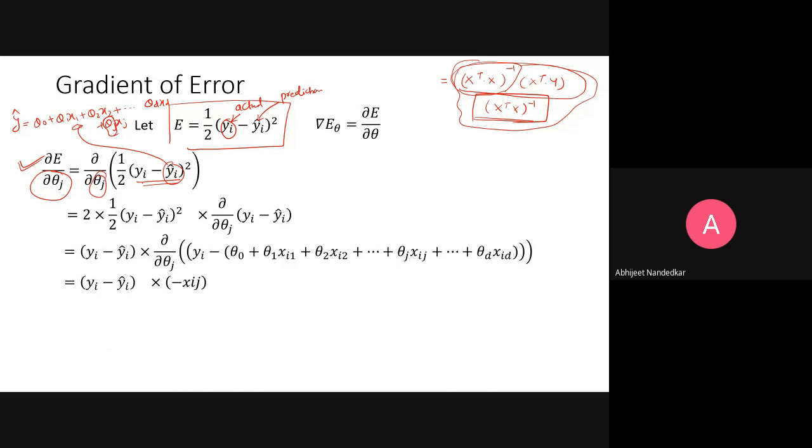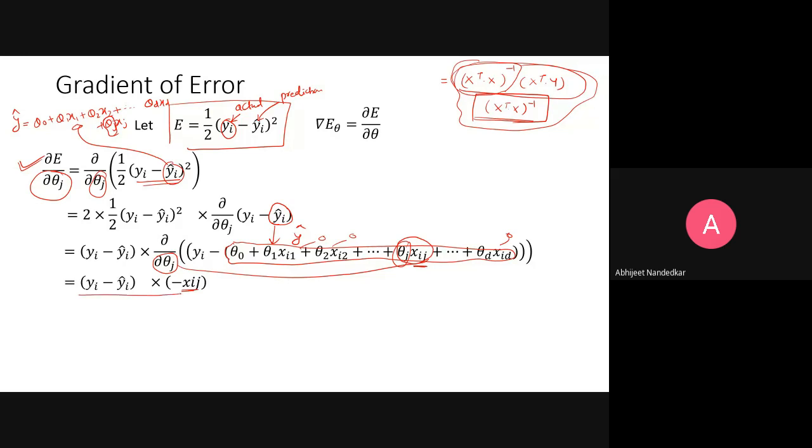I substitute here this y cap value as stated earlier. Now if you differentiate with respect to theta j, only the term associated with it remains, all other differentiations will be 0. And when you differentiate this term with respect to theta j, only xij will remain.